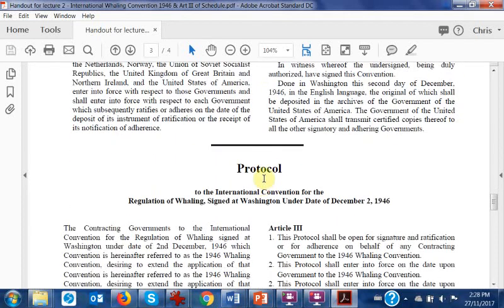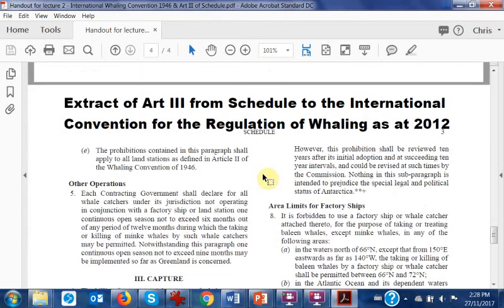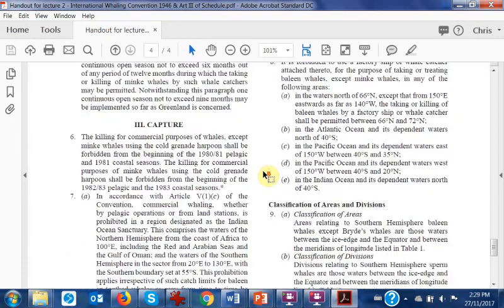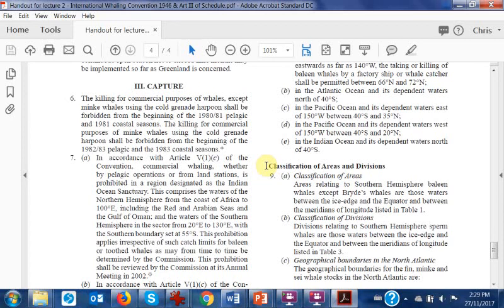And so the schedule. I've just extracted a bit of the schedule, and the bit that I've got on the screen on the left reads: the killing for commercial purposes of whales, except minke whales using the cold grenade harpoon, shall be forbidden from the beginning of the 1980-1981 pelagic and 1981 coastal seasons.